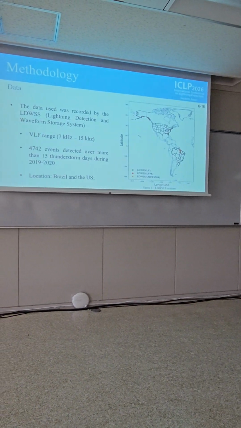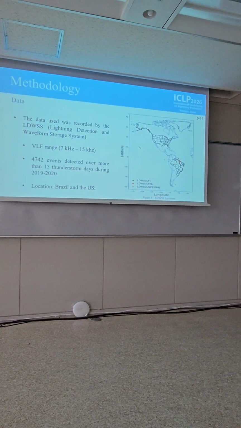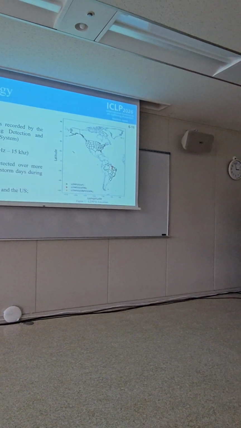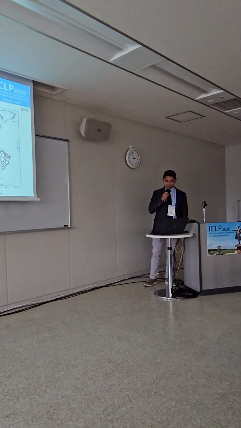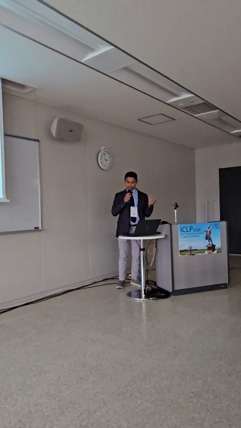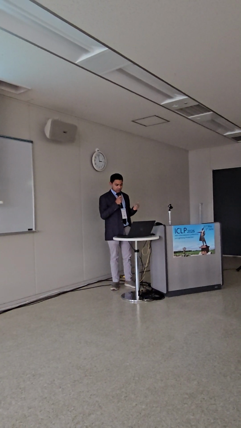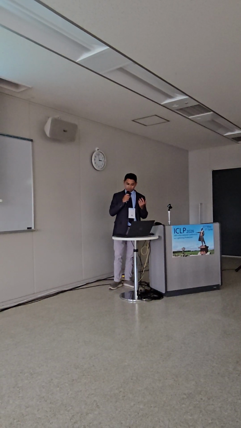For the data set, we use data from 3 different stations, one in the US and 2 in Brazil. The system records VLF from 7 kilohertz to 15 kilohertz. The data set is composed of more than 4,000 waveforms.